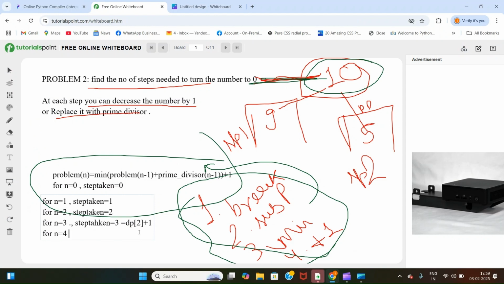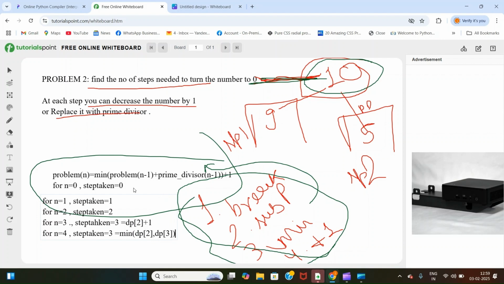n is equal to 4, step taken is equal to 1 plus 2, that is equal to 3. And how we did so? Minimum of dp of 2 comma dp of 3.